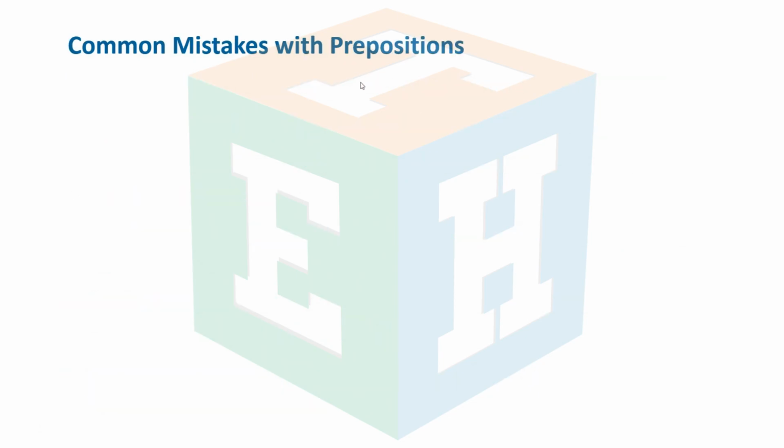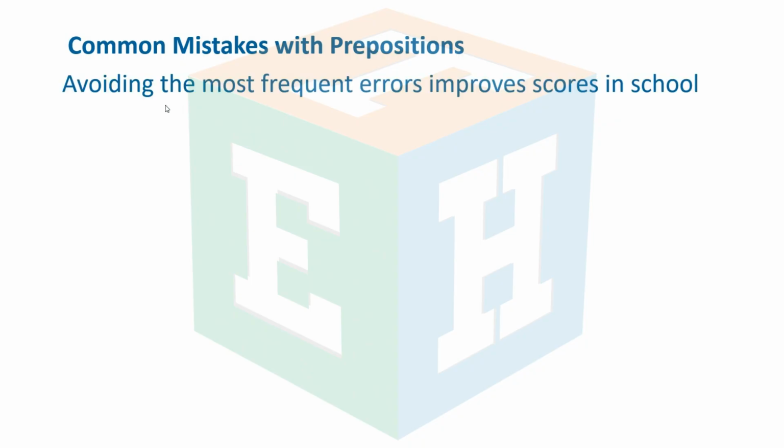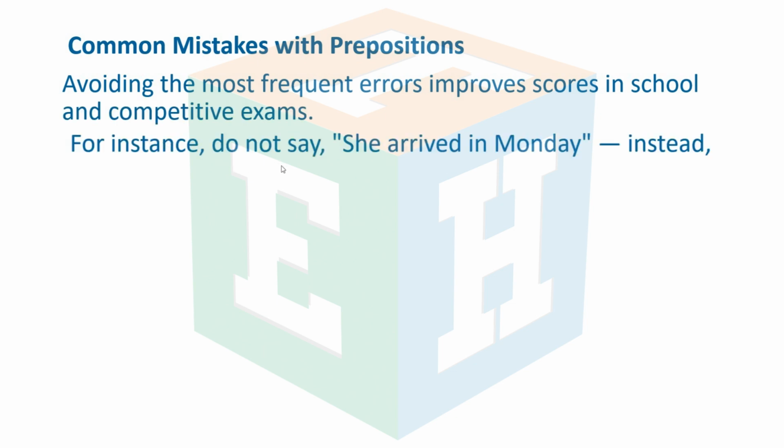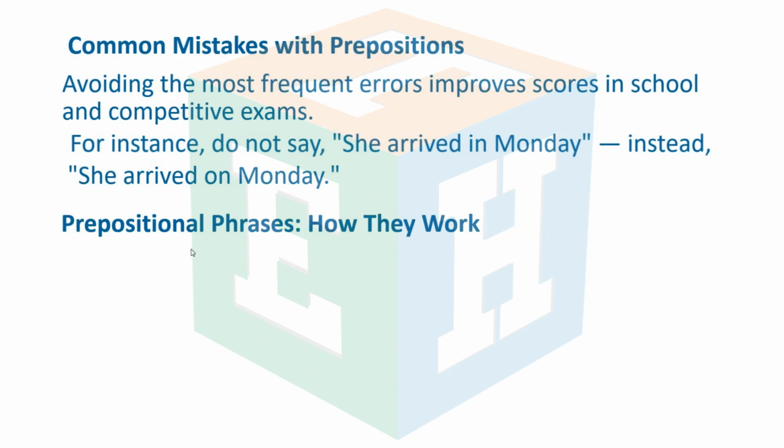Common mistakes with prepositions. Avoiding the most frequent errors improves scores in school and competitive exams. For instance, do not say, she arrived in Monday. Instead, she arrived on Monday. Prepositional phrases, how they work.